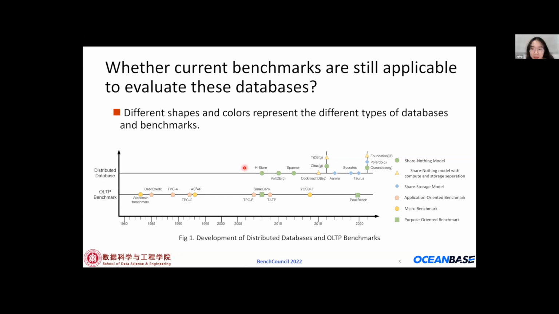It is obvious that most OLTP benchmarks were proposed before 2010, while the prosperity of distributed databases starts from its dawn around 2008. So it is urgent for us to explore whether current benchmarks are still applicable to evaluate these databases and their choke points.